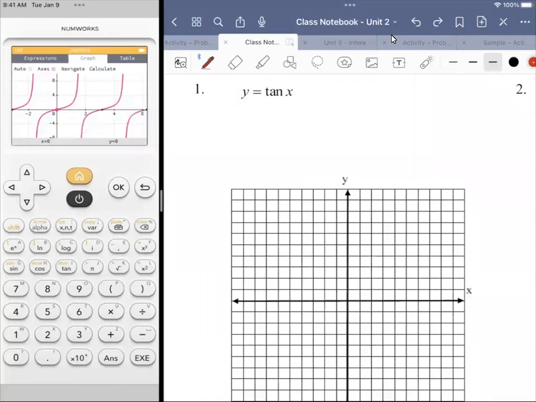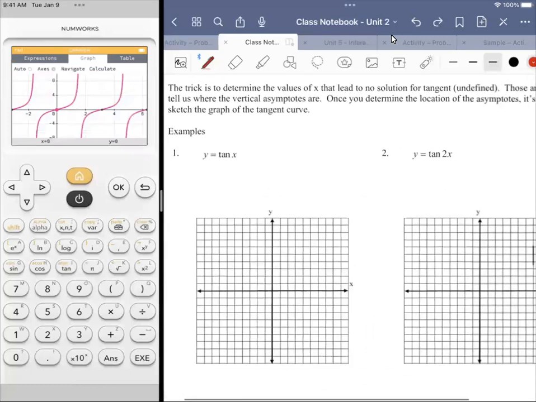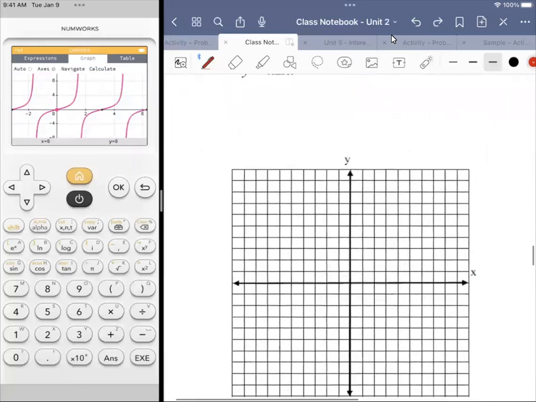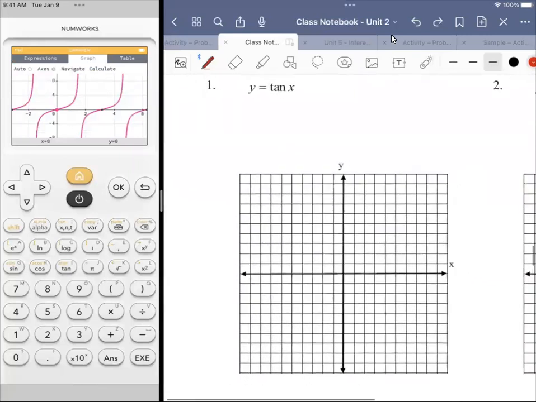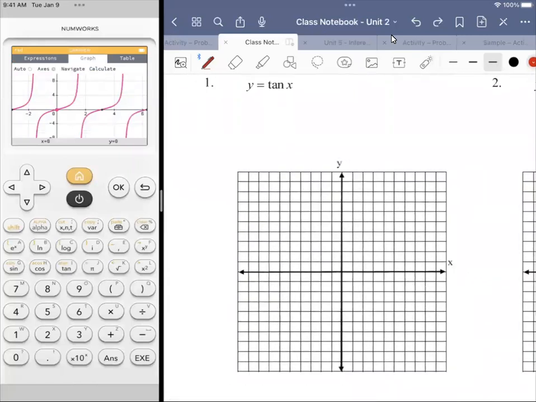And you're like, okay, so I have to get this on paper. Now, they didn't give us a domain, so I still need to establish where pi would be. But before I do that, I want to figure out where this graph is undefined. So tangent is equal to sine over cosine.